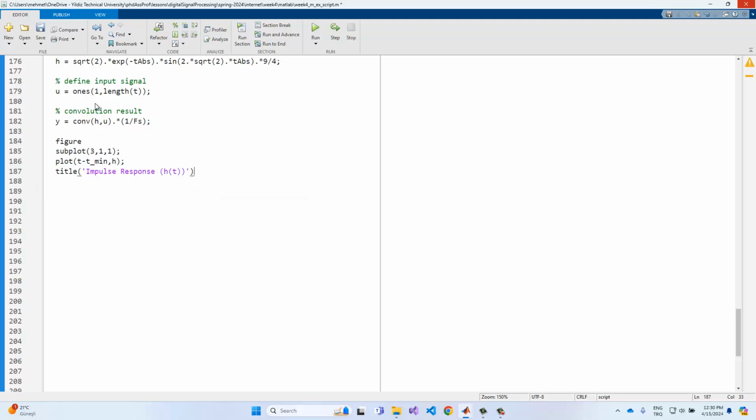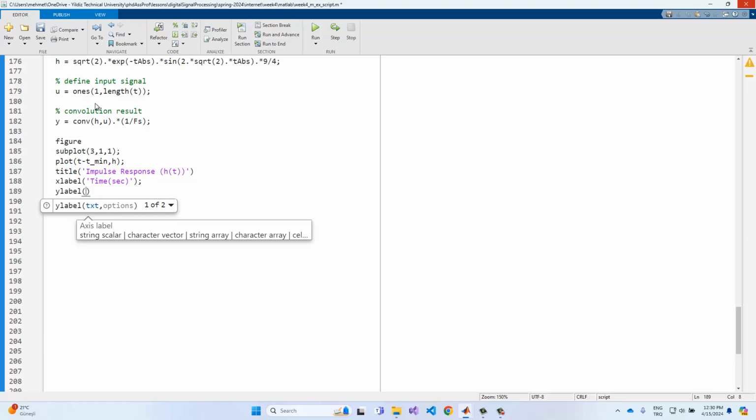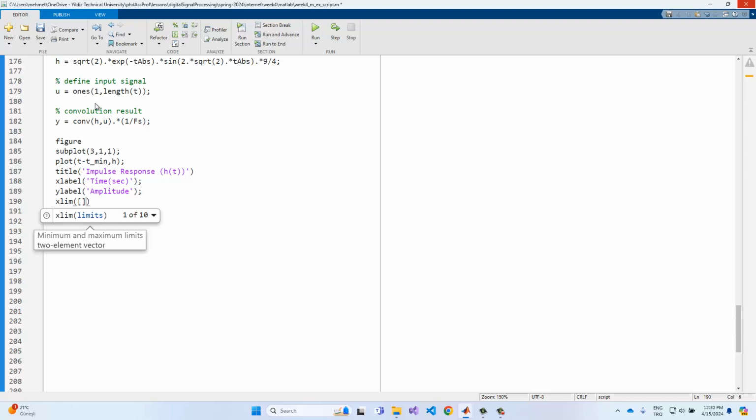h(t), x label should be assigned with time in seconds, and y label is assigned with the amplitude. Okay, and xlim should be given as -5 to 10 and grid on.